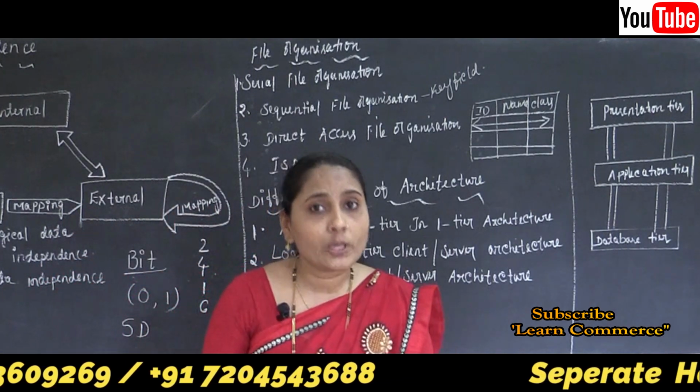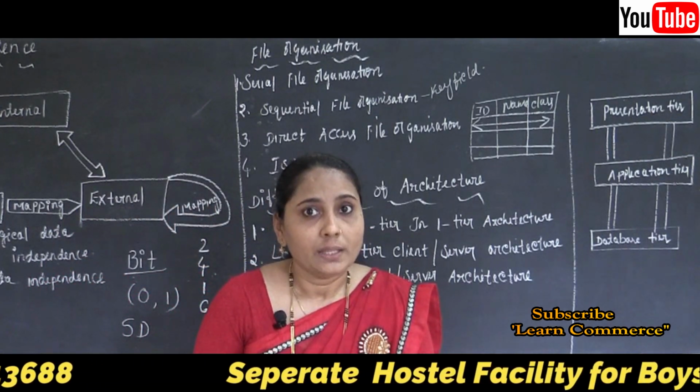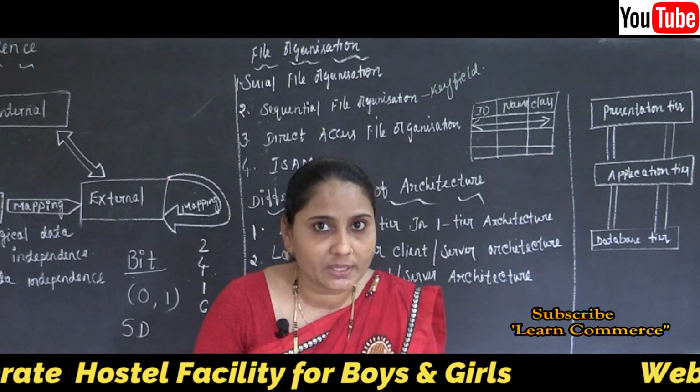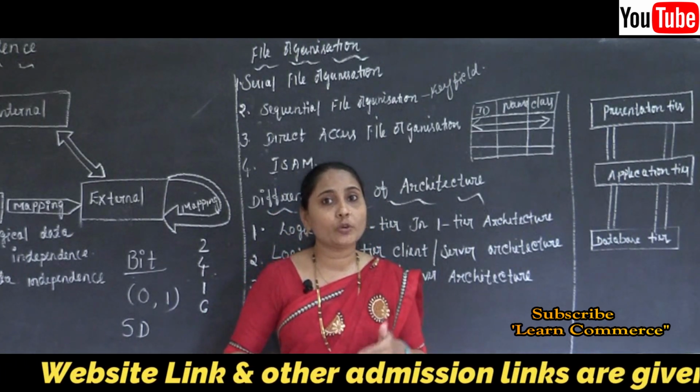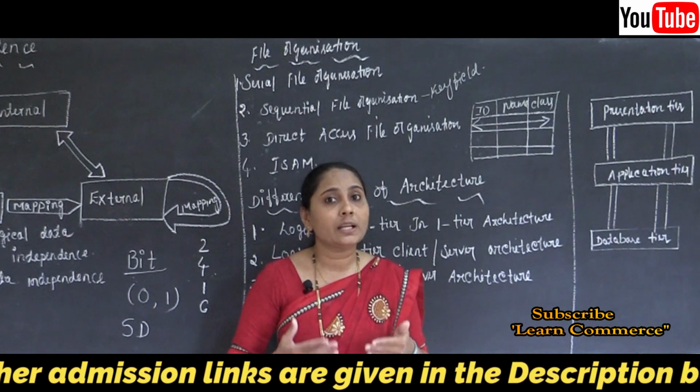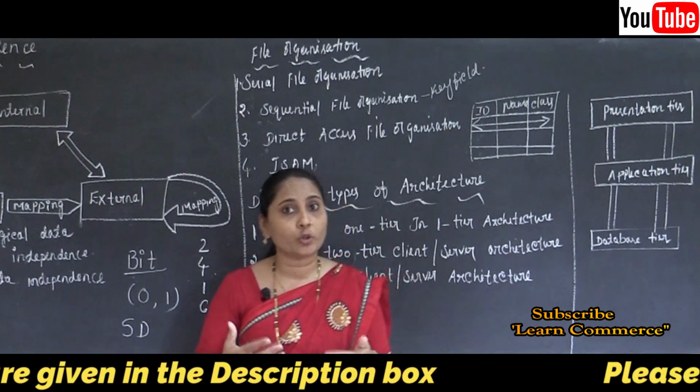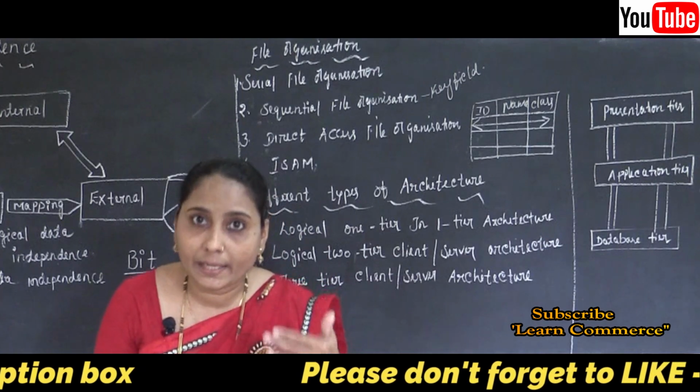So sequentially organized files are processed by the computer system. That means while storing, if you are going to use any computer here, the computer is going to process all those records one after another here.